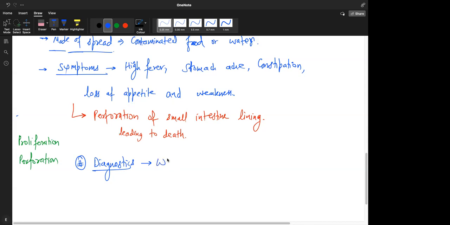So there's something called the Vidal test, which is not explained in your NCERT, but just know that the Vidal test is a very effective and common way to figure out if the infection is happening due to Salmonella typhi, and can it be called typhoid.